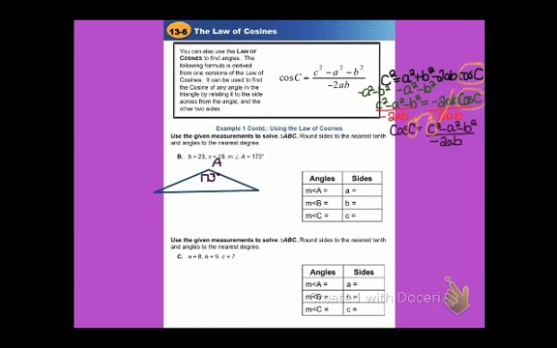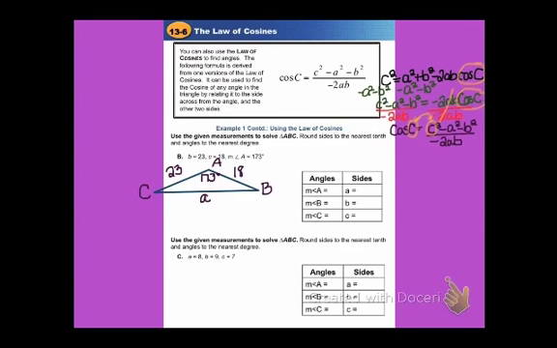I don't know the side across from that. I don't know A, and I know side B. It is 23, so let's say this one's 23. This would be angle B right here, and this would be angle C, and across from it would be 18.